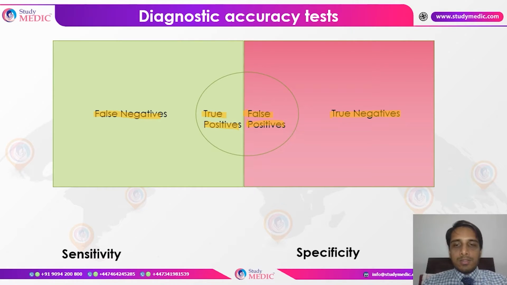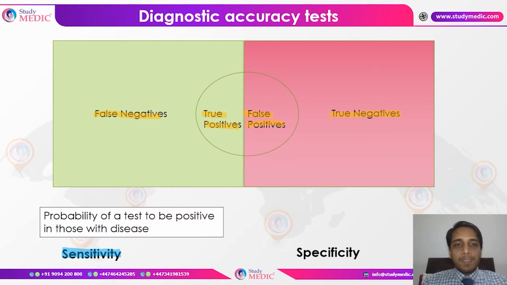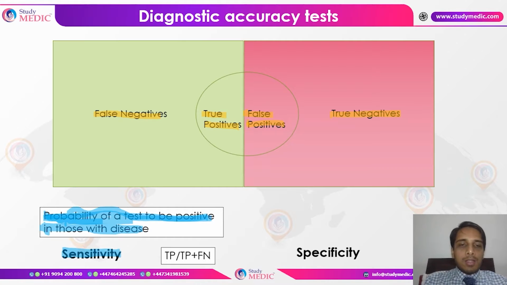Then what is sensitivity? Sensitivity is the probability of a test to be positive in those with the disease. It can be calculated using this formula: true positive divided by true positive plus false negative.